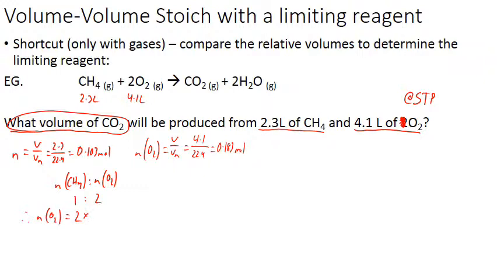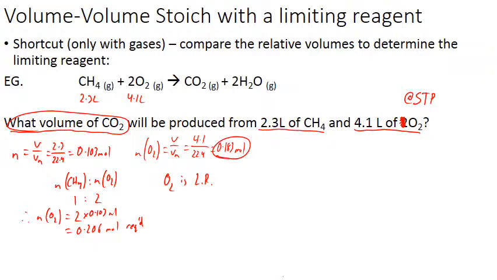So that would be 2 times 0.103 mole. So we would need 0.206 mole of O2, okay, to react all of the CH4. Now obviously we know that in reality we have less than that, so that tells us immediately that O2 is the limiting reagent.